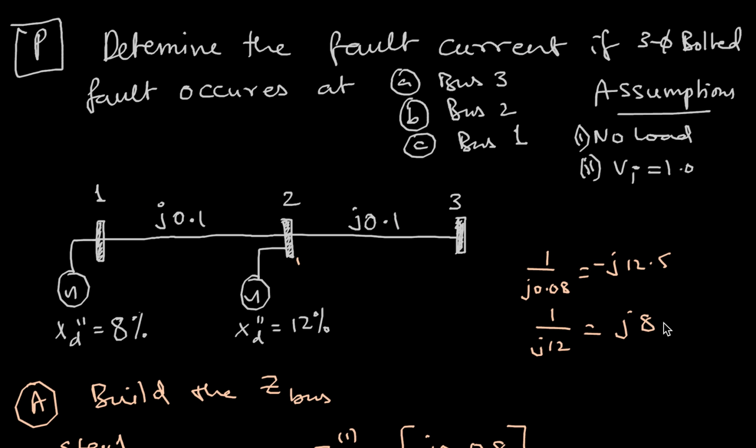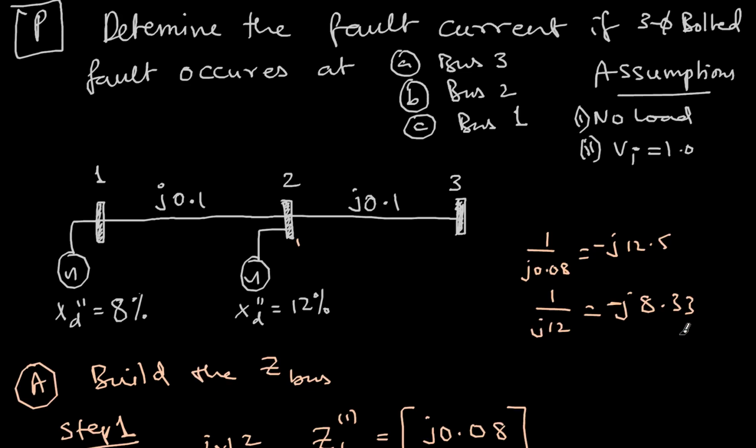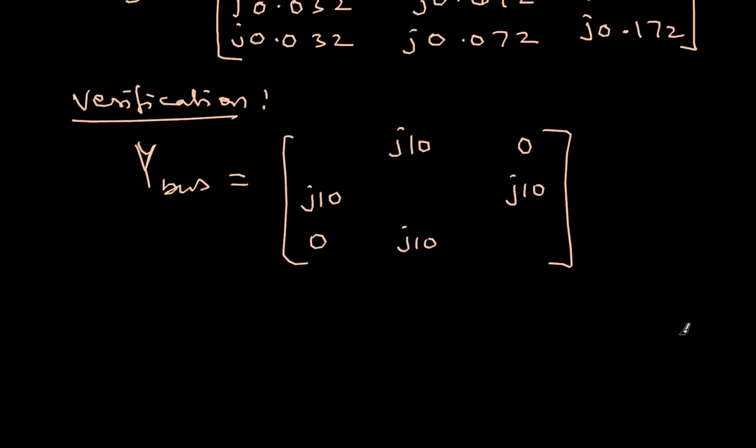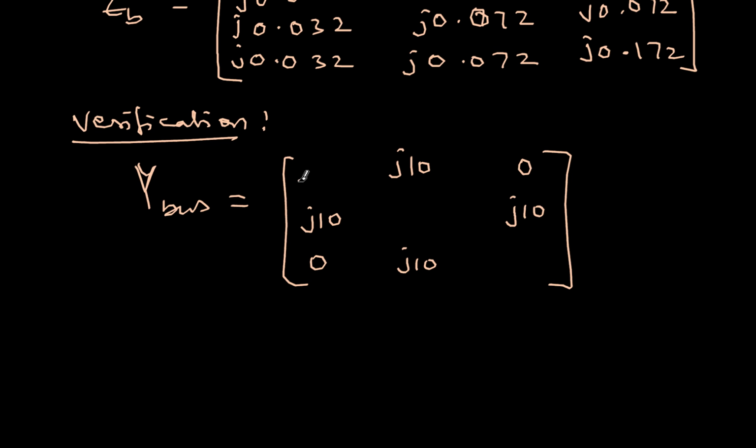So 8.33 with a minus sign. So these are the shunt impedances here. So which will be added to the first one. So this will be minus J 22.5 and this will be minus J 18.33. So minus J 22.5 minus J 18.33 and this will be minus J 10.